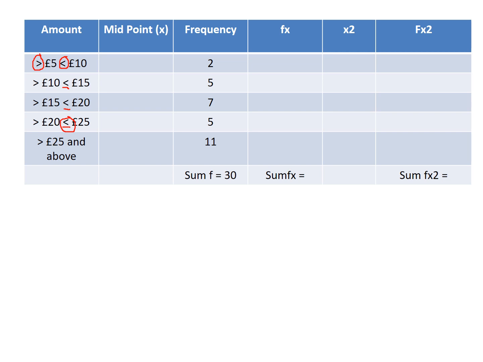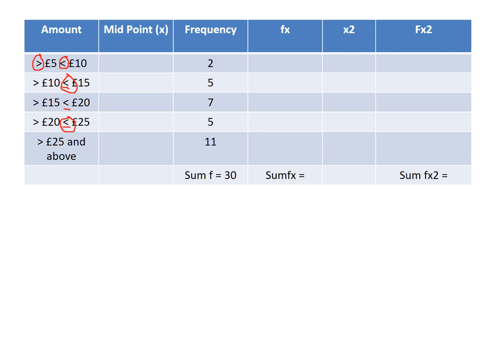So this sign here means greater than £5, so it can be £5 and a penny, but not £5. And this sign where you've got the arrow below £15 and then the red line underneath means less than or equal to. So we need to bear these things in mind.